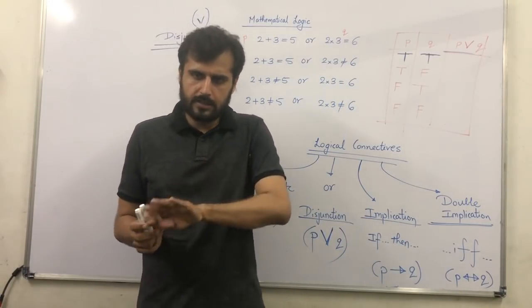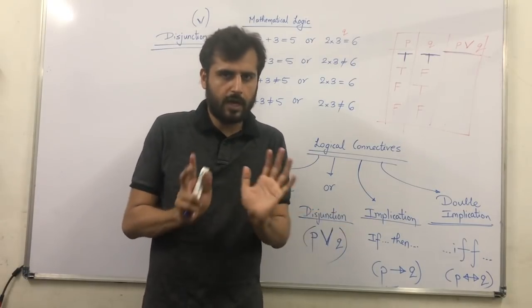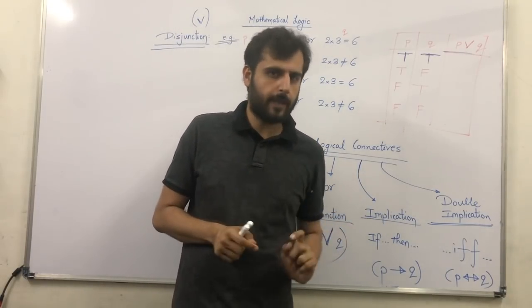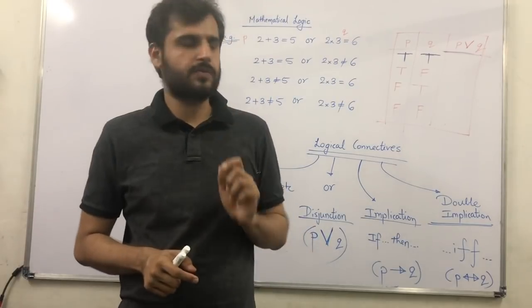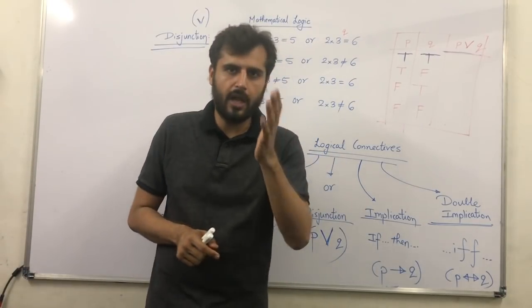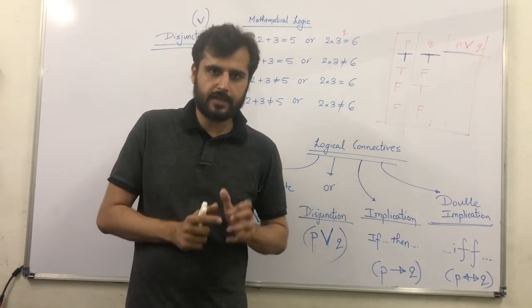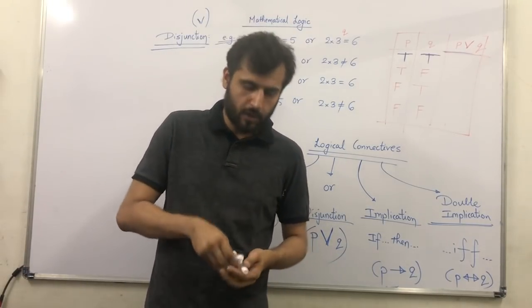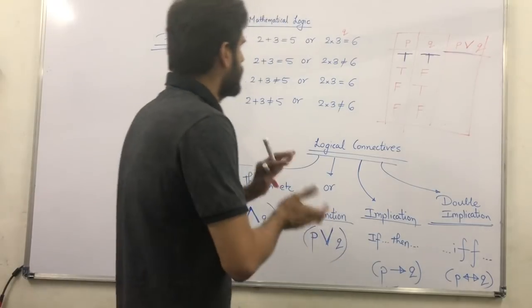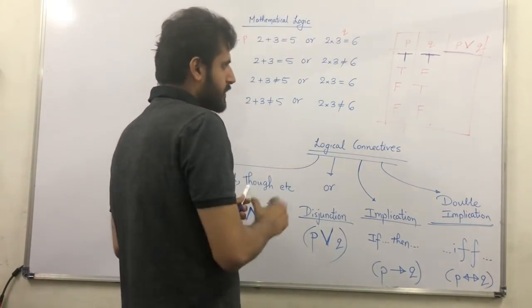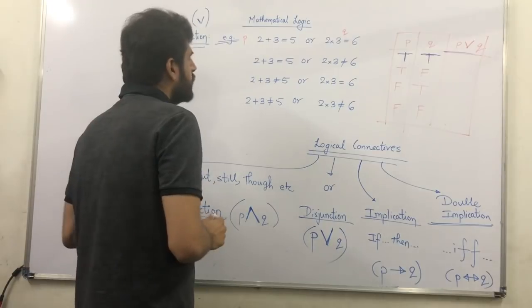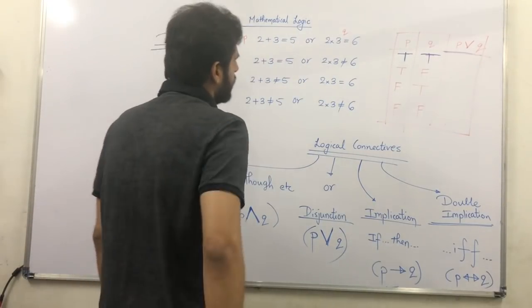Right? Either this is true or that is true. I'm not sure about both the things. That is when "or" comes. "Or" is like when you're in doubt, and "and" is when you're firm about the things. So that is what is done here also in mathematical logic. The same thing is applied. So when you're saying 2 plus 3 is 5, it is a true statement.